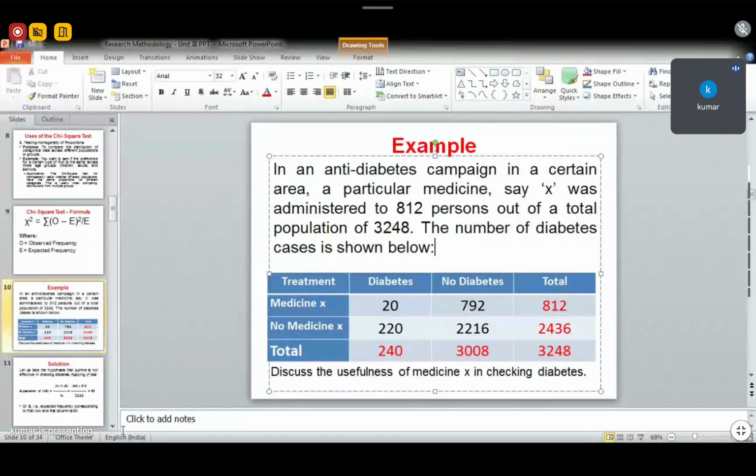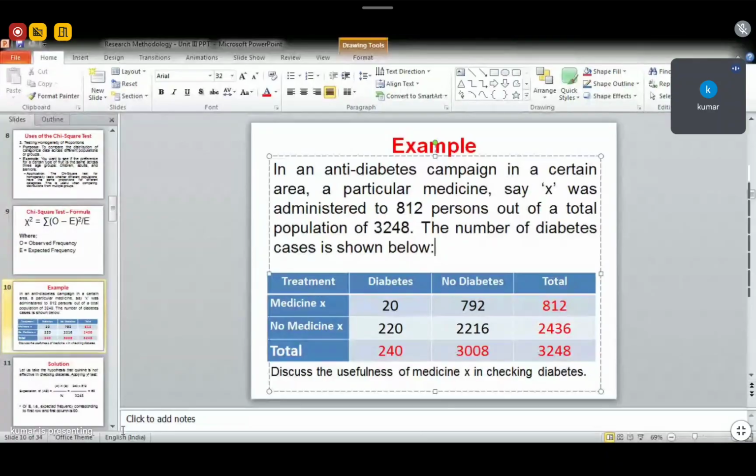When the medicine is administered, they should not be contracted with that particular disease. That is the purpose of administering the medicine. Do you agree with me? When a particular medicine is administered, what is expected is those persons who have been administered the medicine should not contract that particular disease. That is the expectation.